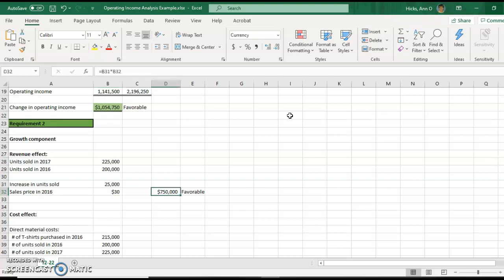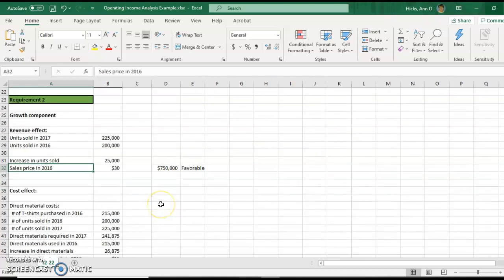What we find is we have a favorable revenue effect of $750,000. So we can say our operating income increased by $750,000 strictly because we sold 25,000 more units.